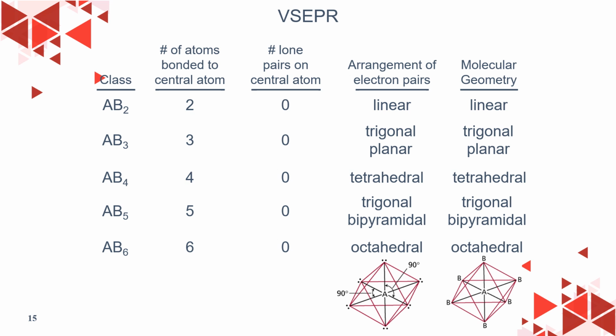Okay, that is the basic principle for understanding the VSEPR model for a central atom without lone pair. Next, we continue with how to predict the molecular geometry of a central atom with lone pairs. Okay, see you.